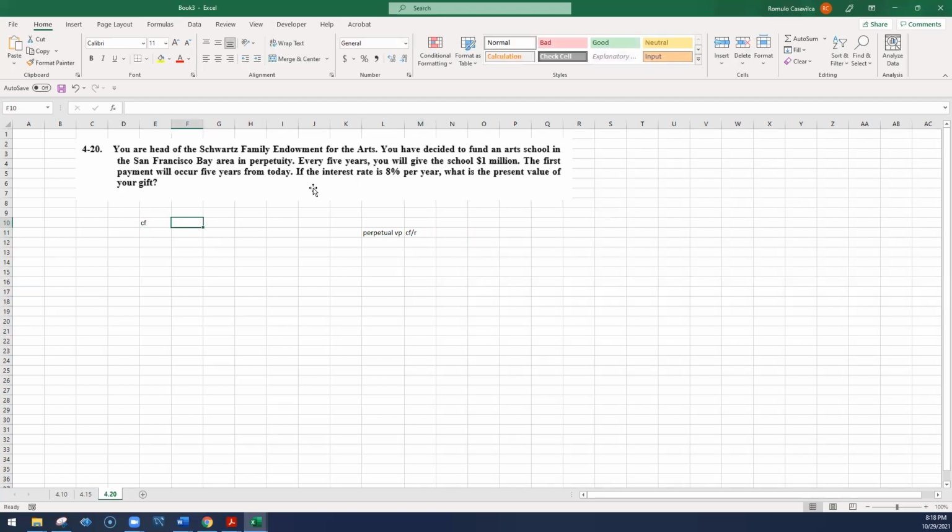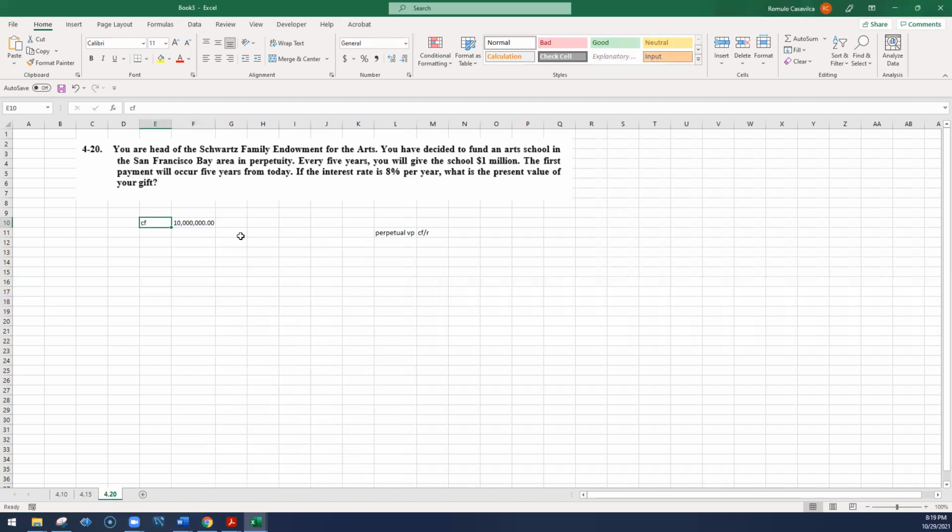It tells you that you will give 1 million. That's your cash flow, terminal value 1 million. That's the Gordon growth thing. And the rate is 8%.